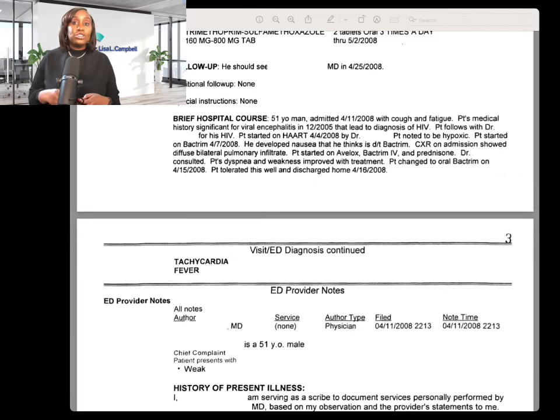So you'll need to be able to determine based on the documentation if they actually still have the condition, because that's going to really determine if you're going to do a Z code or not. We will never be able to get them to change from listing the word history. We just have to be aware.